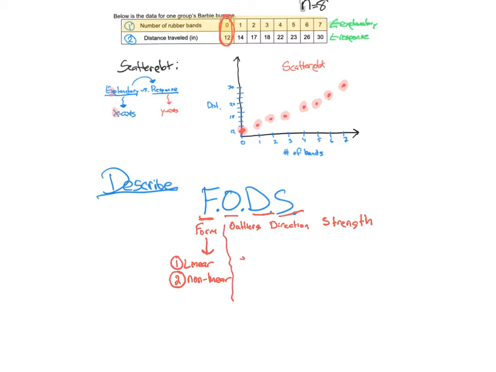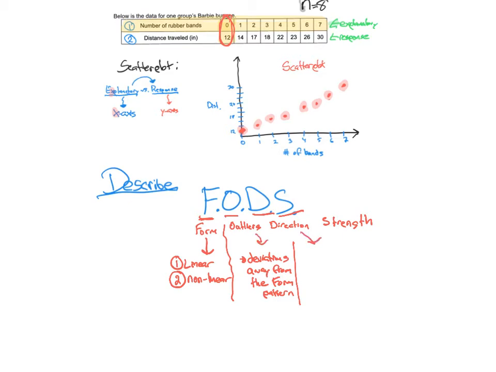Outliers: what we're looking for is deviations away from the form pattern. If you call the form linear, anything that is well beyond that linear pattern, since most of the values are linear but a few of them stray out of there, we're going to call them outliers. So that's outliers.